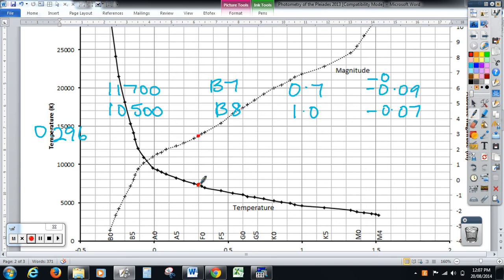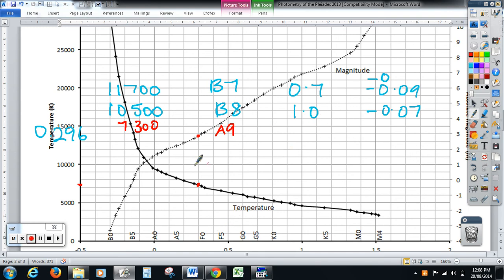So going sideways, the temperature of this star would be approximately, that's 6,000, 7,000, 8,000, so we'll say 7,300 Kelvin. We'll classify that probably as an A9, because remember it goes A0, 1, 2, 3, 4, 5, 6, 7, 8, 9, then F0, 1, 2, 3, 4, 5, and so on.